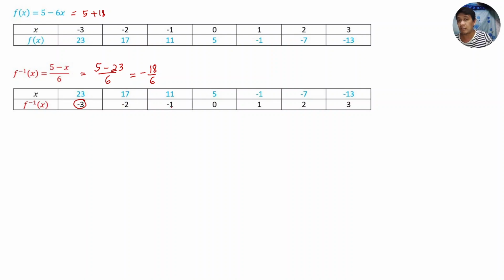Substitute 11, it becomes negative 1. So we notice that the domain of the function is the range of its inverse. Therefore, we have proven that our definition earlier is correct.